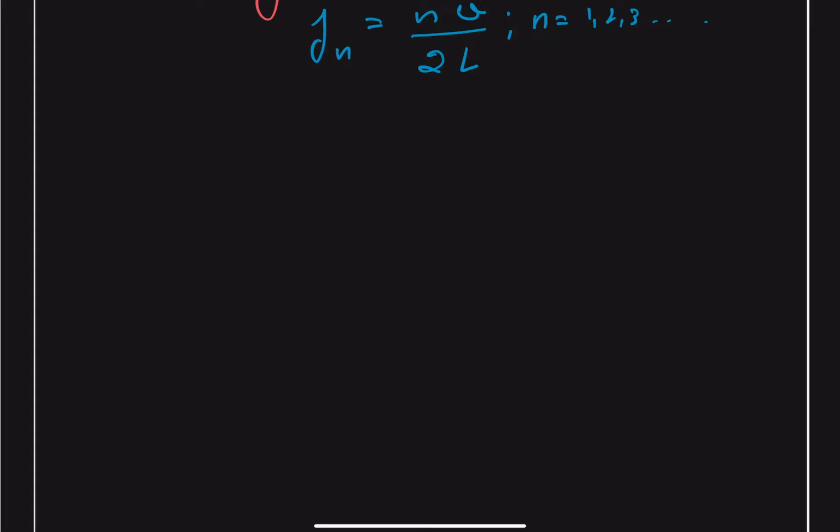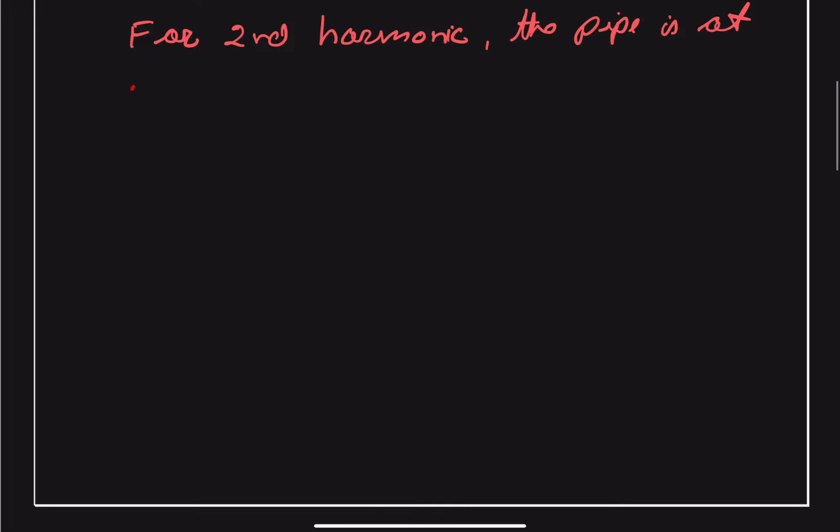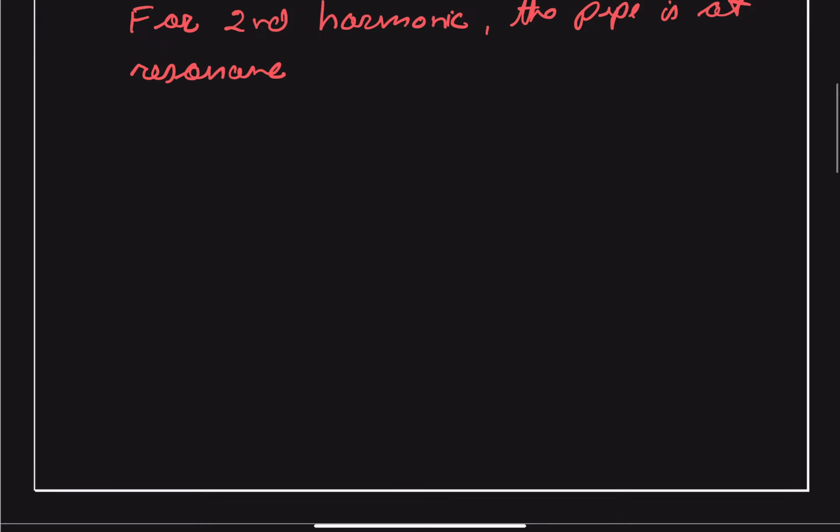According to the question, it is for the second harmonic, so we can modify this equation. For the second harmonic, the pipe is at resonance with frequency f1.